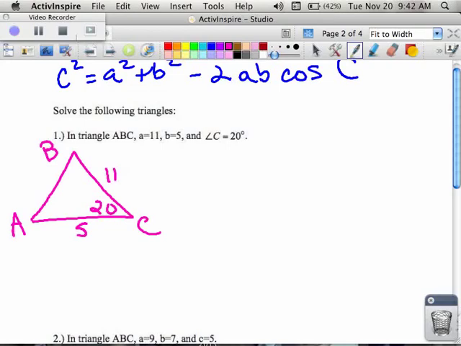I'm going to set up my formula just the way I see it. Oh, do I know little c? No, I do not. So I write down c squared.